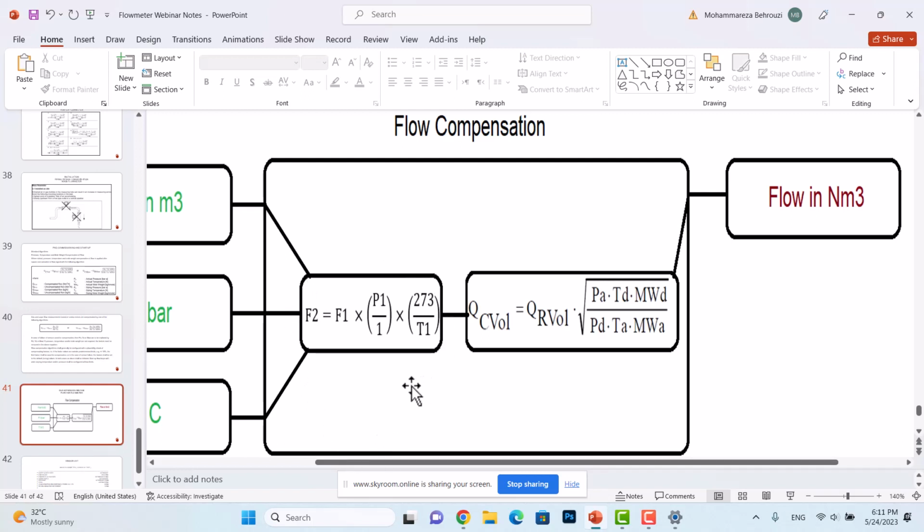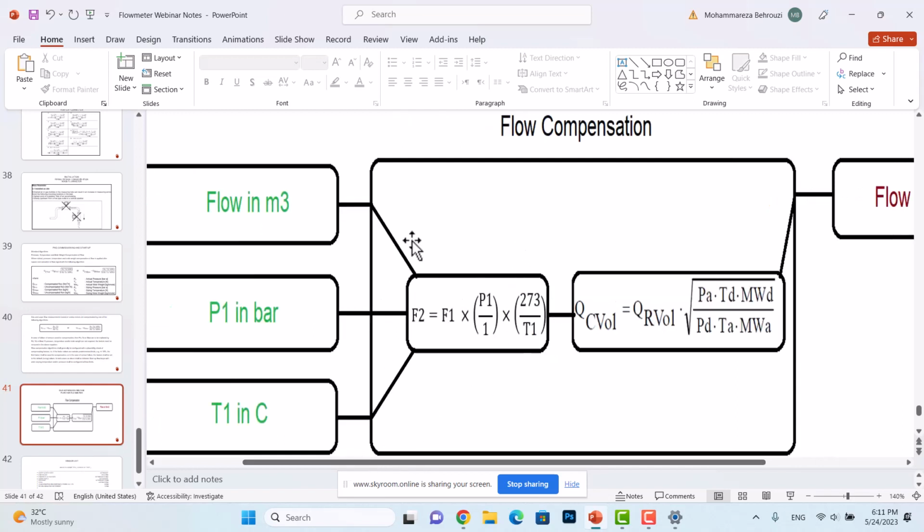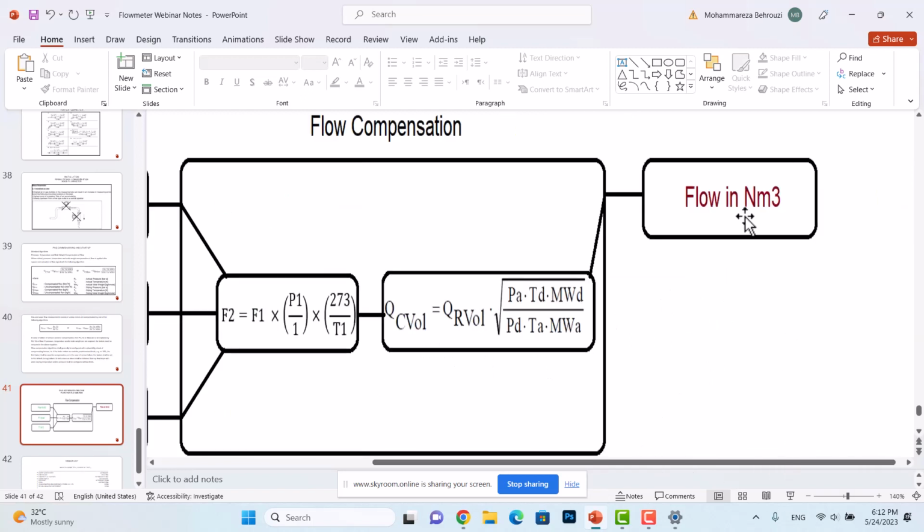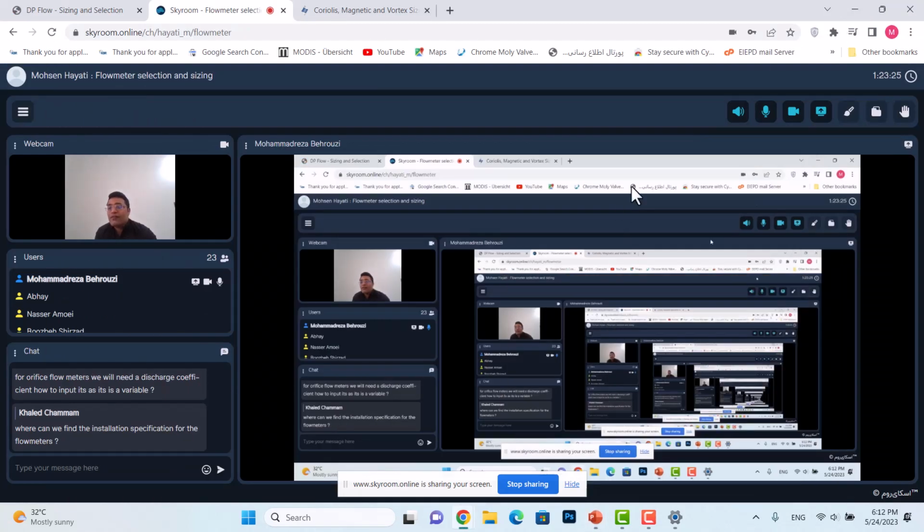Unfortunately, for that flow meter, the instrumentation engineer forgot to put this calculation block into the calculation of that flow meter. Later we put it in. They had the compensation, but unfortunately didn't have this one. We created that calculation block, and the flow shown here, which is in normal cubic meter per hour, was the same as the flow rate for that company, which had Coriolis flow meters.